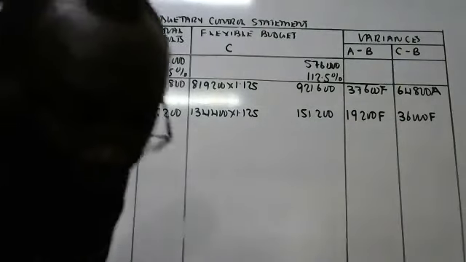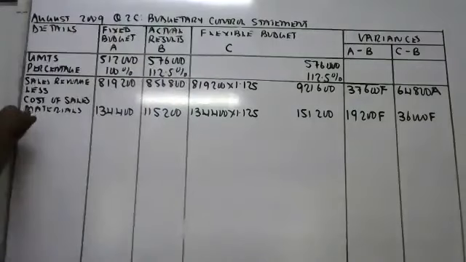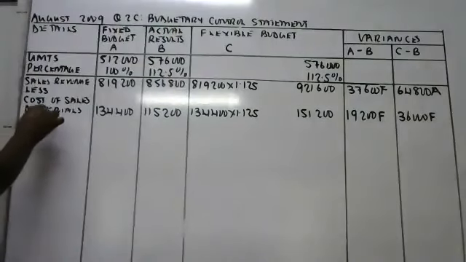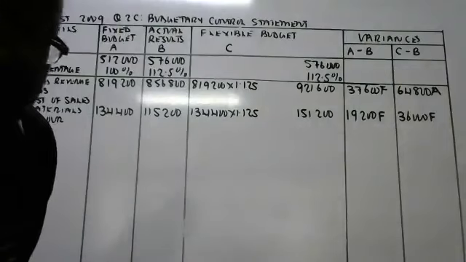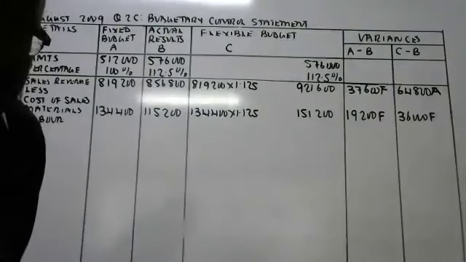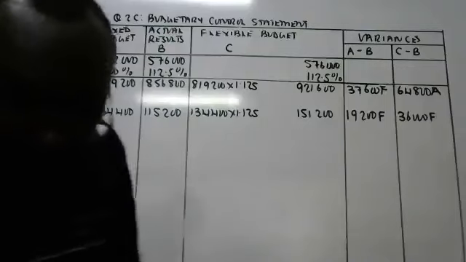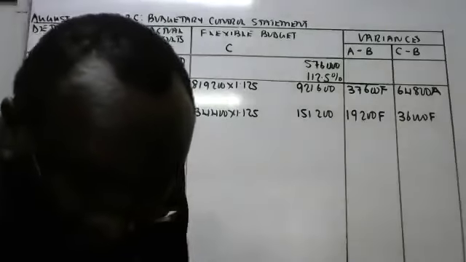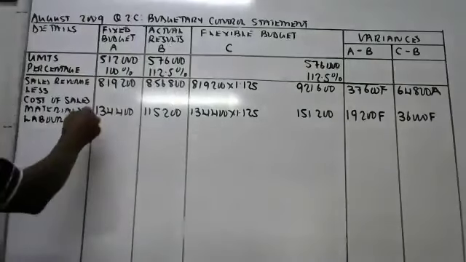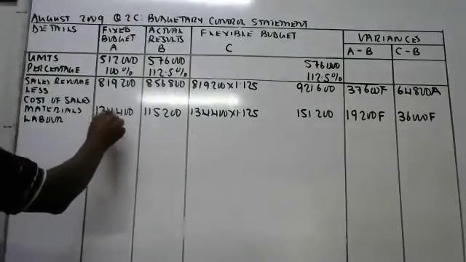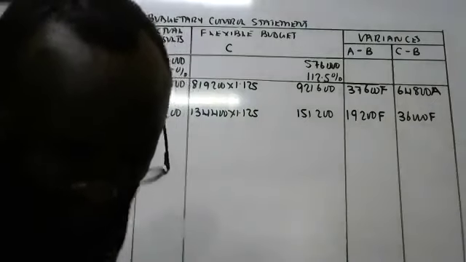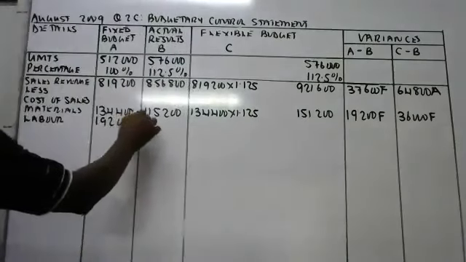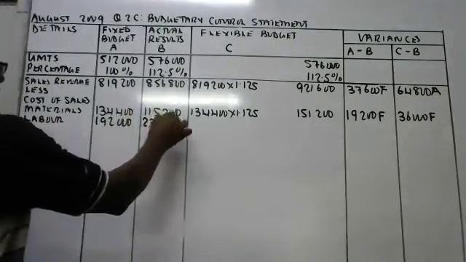Okay, the next one is labor. Labor in the budget is 192,000 and in the actual 230,400.